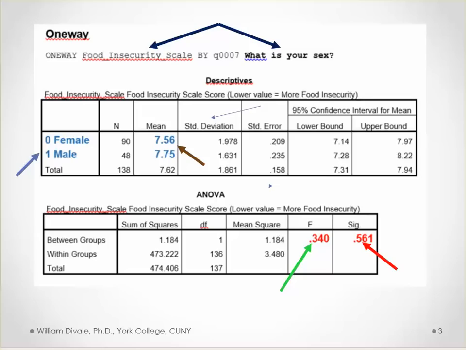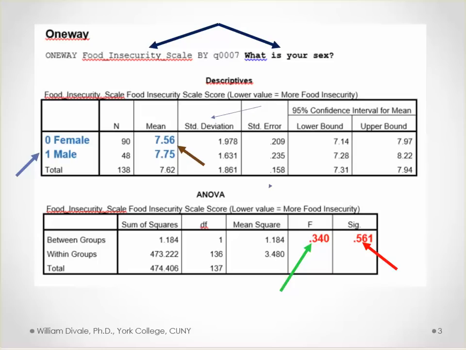So here, females expressed more food insecurity than do males, although the scores are in the middle range. In other words, these are scales of above 7. Either group is not in danger just because of their gender.